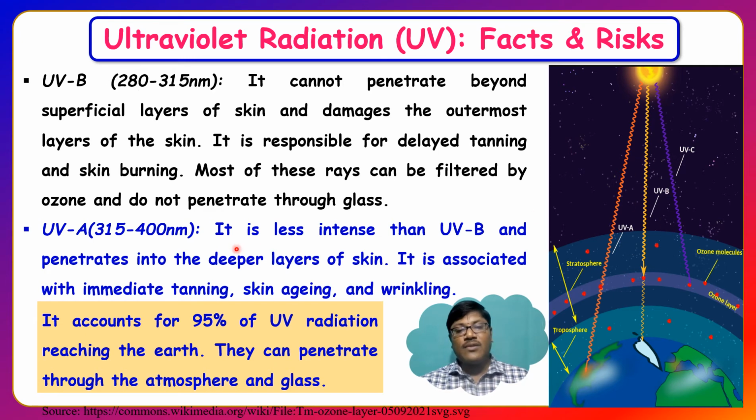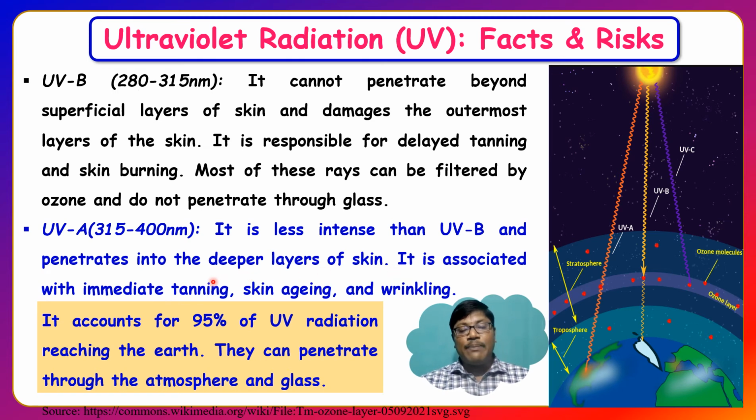The radiation of wavelengths between 315 to 400 nanometers is said to be UVA. It is less intense than UVB but penetrates deeper into the skin. It is present everywhere, even when it comes to the Earth's atmosphere. No gas in the atmosphere and no layer in the atmosphere stops UVA.